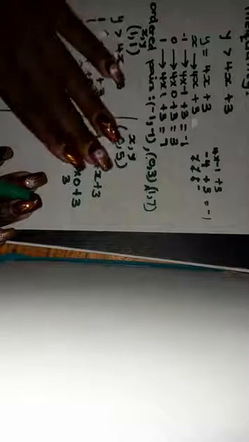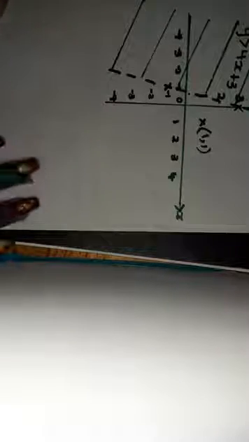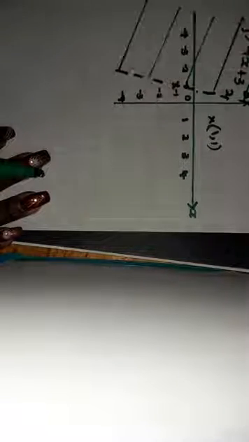So it means that this region, looking at what we have after working out using this coordinate, satisfies the given inequality sign. So it means that where I have chosen is the region that indicates the given inequality. Then I will go and shade that region.